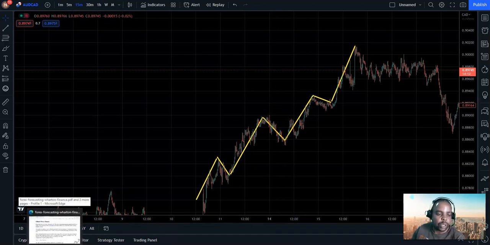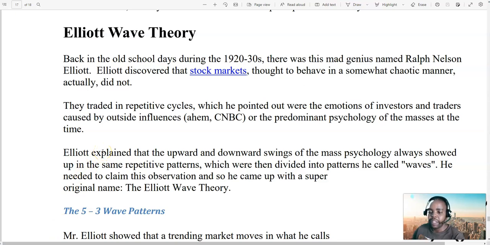I'm going to just jump into it. Elliott wave theory actually has a man behind it, a legendary trader. Back in the old school days, during the 1920s and 30s, there was this mad genius named Ralph Nelson Elliott. Elliott discovered that stock markets, thought to behave in a chaotic manner, traded in repetitive cycles, which is somewhat true.